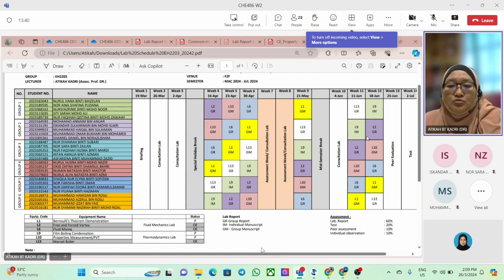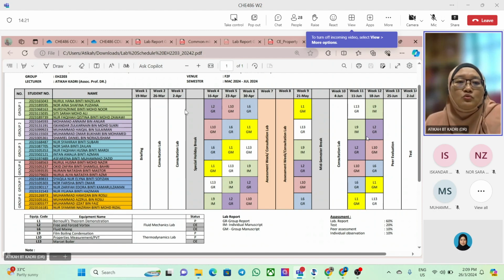Okay, so coming back to the scheduling. If you notice that you're going to have the lab consecutively week 4, week 5, week 6, which means that you should get ready in week 3. You should get ready on how to conduct the experiment of week 4, and also week 5 as well as week 6.